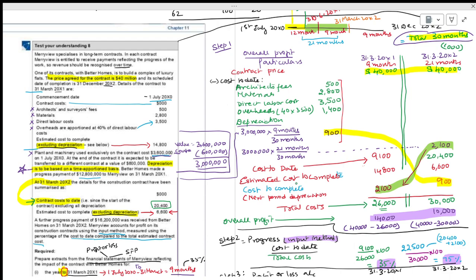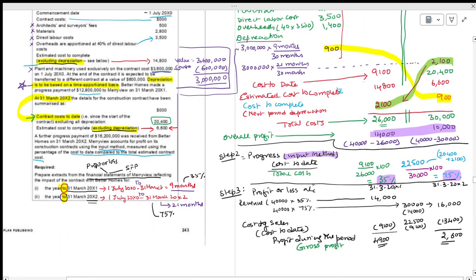They have mentioned cost to date, plus we have taken the depreciation. We have cost to complete. Because depreciation has not been included, we will take the complete depreciation, 2,100 plus 900, and here also 2,100 plus 900. We will get the total cost.